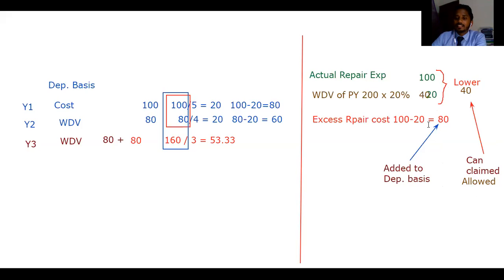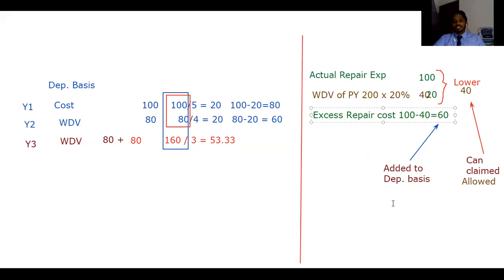Then here 100 minus, then excess repair cost is how much? Excess repair cost, disallowed amount is 100 minus 40, then that amount is 60.